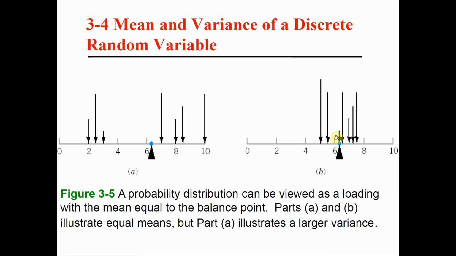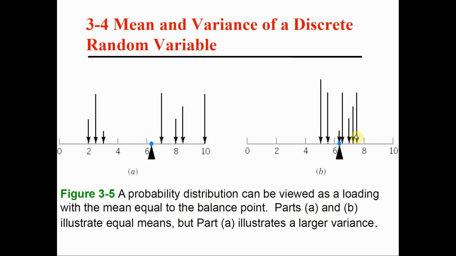So for this variable and for this variable, which variance do you expect to be higher than the other? Here, the variable values are different from each other. Here, the variable values are closer to each other. So for this random variable, the variance is larger, and for this variable, the variance is smaller.